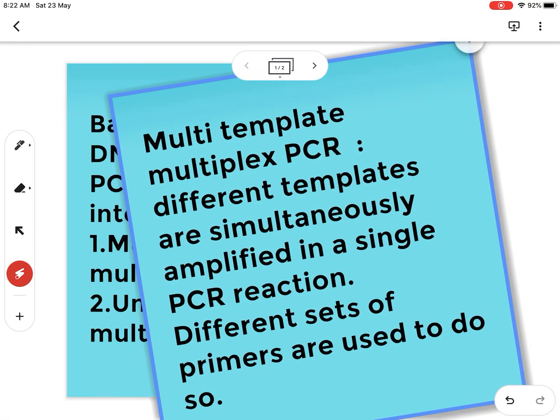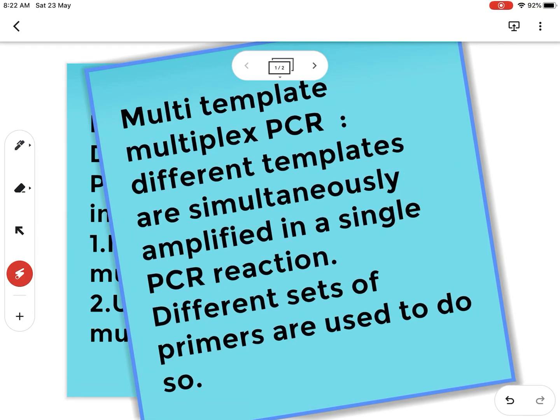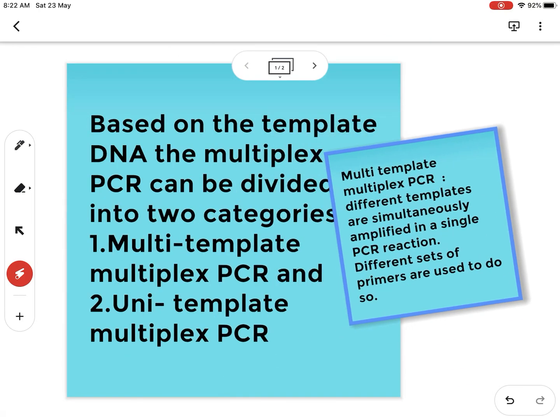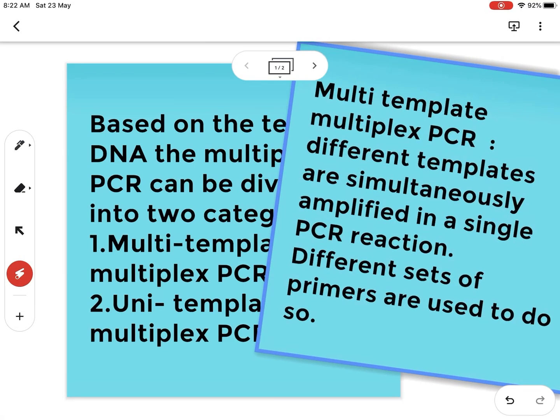So different templates are simultaneously amplified in a single PCR reaction. That also requires different sets of primers for this simultaneous amplification.